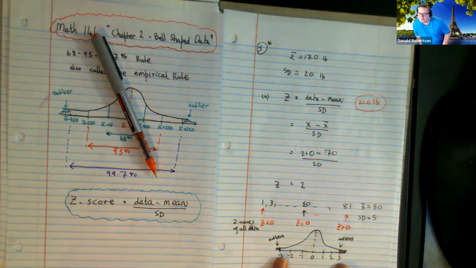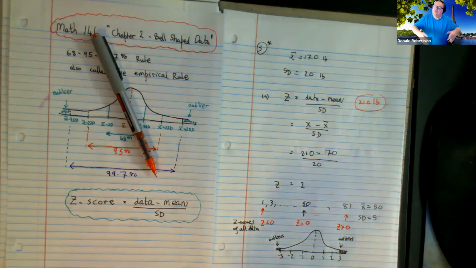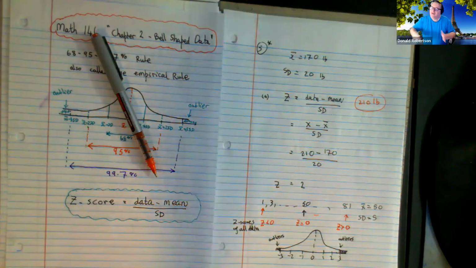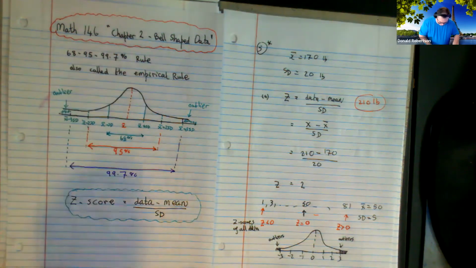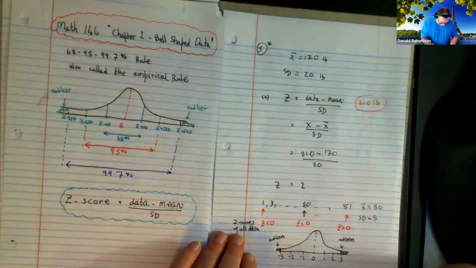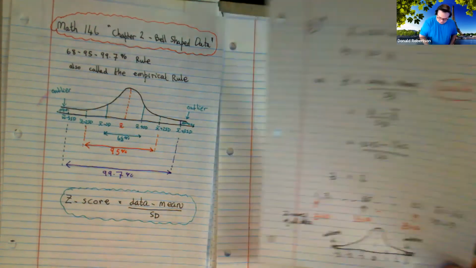Can you see where that's coming from? The outliers are the ones way out there. 3 standard deviations is 99.7% of the data. 99.7% of all z-scores are within plus or minus 3. And so we can find outliers. We already know how to, but that's kind of where they're coming from.